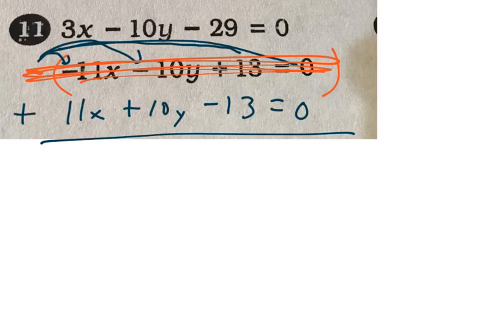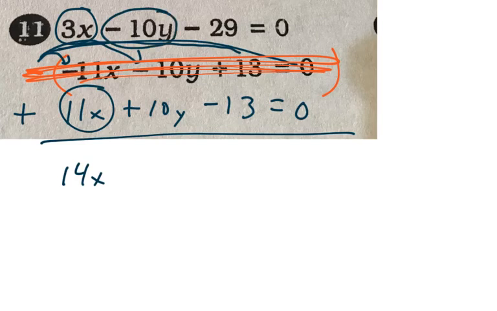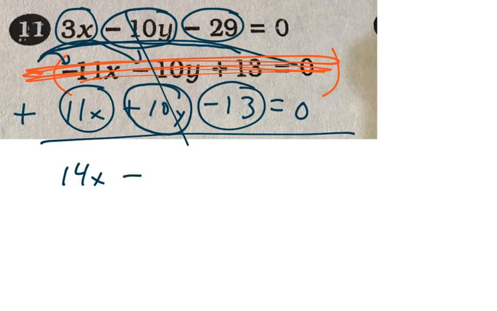And if I add together 3x and 11x, that's 14x, right? But the reason why I did that negative again is I have negative 10y plus a 10y now, which means y goes away to 0. And negative 29 and negative 13 is negative 42 equal to 0.